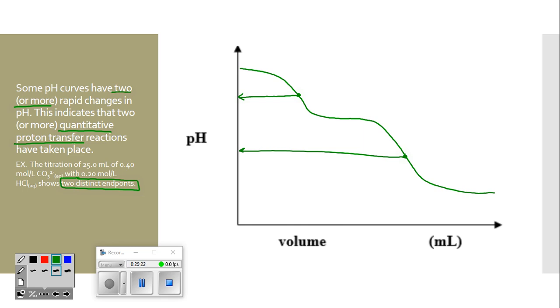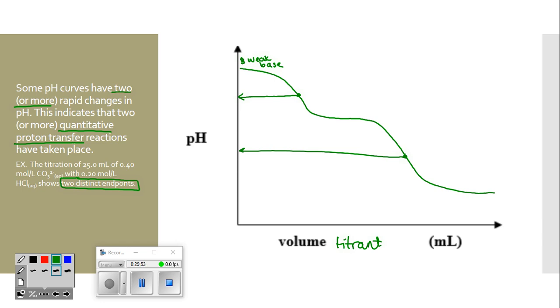Now without calculating things, I could probably predict where these endpoints are. When I started out, I had a weak base. And I progressively added acid until 2 proton transfers happened.